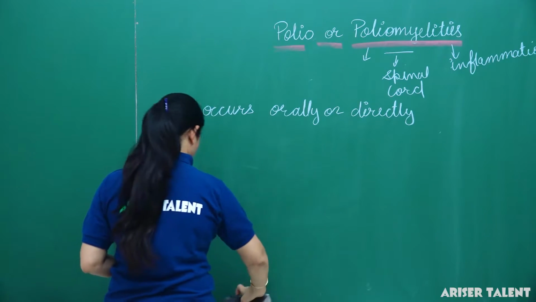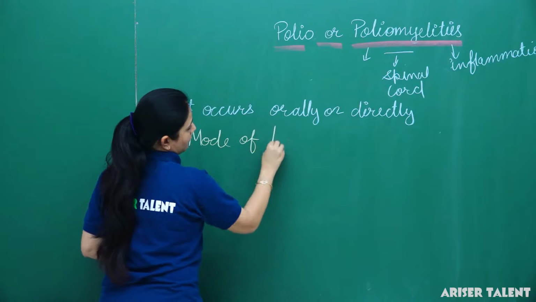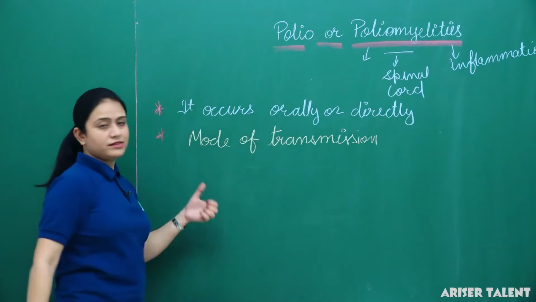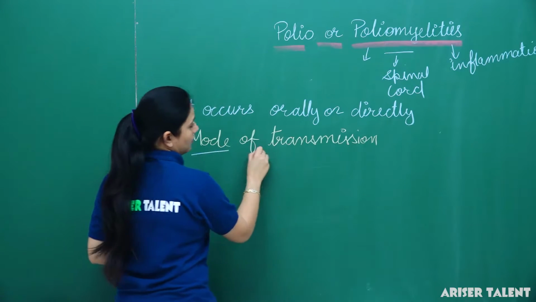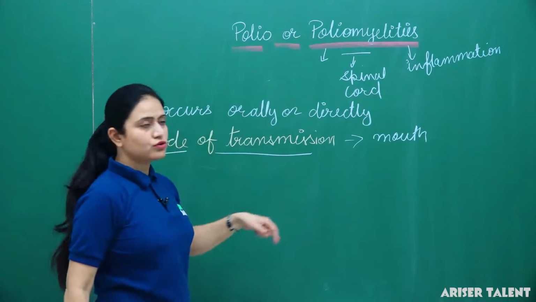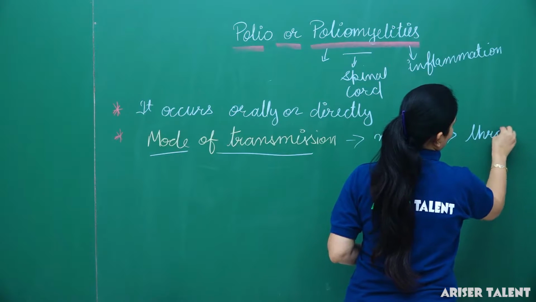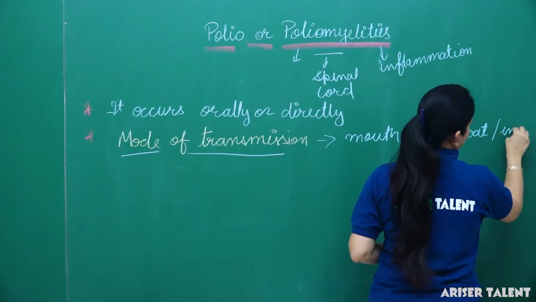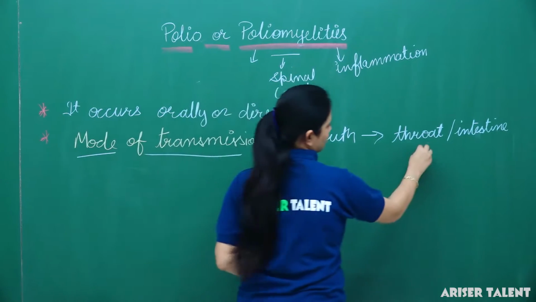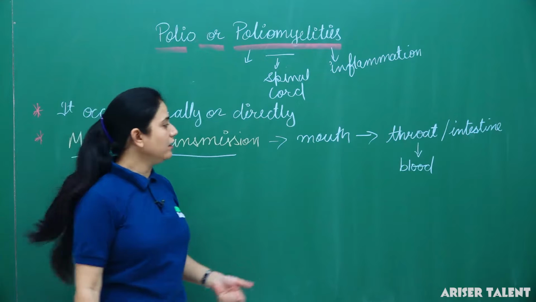If we talk about the mode of transmission, how the virus enters, it enters through the mouth, then it goes to the throat and intestine, then it multiplies there and goes to the blood. Then from the blood it goes to the spinal cord and brain.